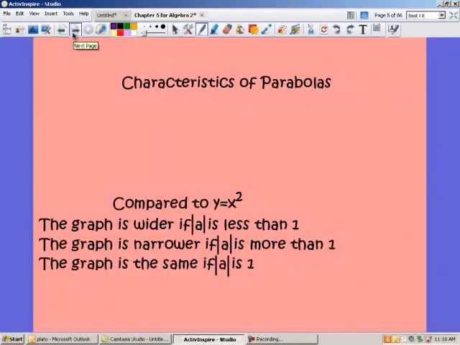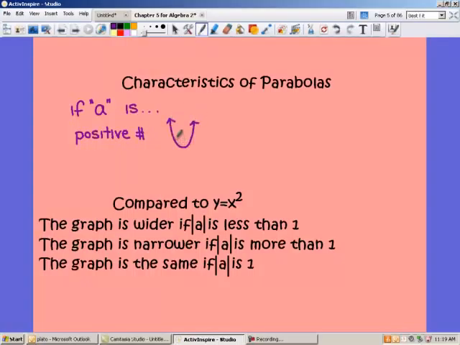Okay, a few things about parabolas that we can use as shortcuts. If we look at the letter A in the general function, if that A is a positive number, then your graph is going to go up.